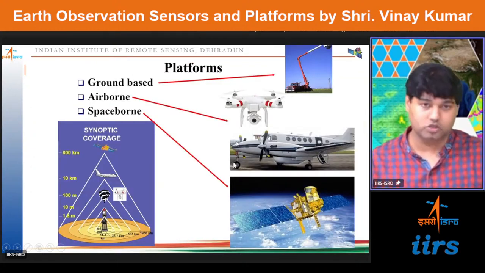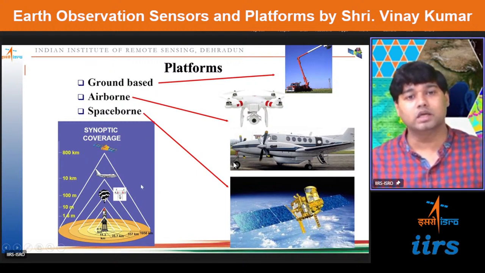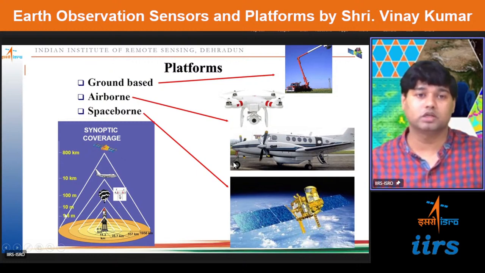Now, on the basis of the different types of platforms, there are three main categories: ground-based, airborne, and space. You can see here the synoptic coverage for different platforms. With a spaceborne platform at 800 kilometers, it is going to cover a very, very large area.